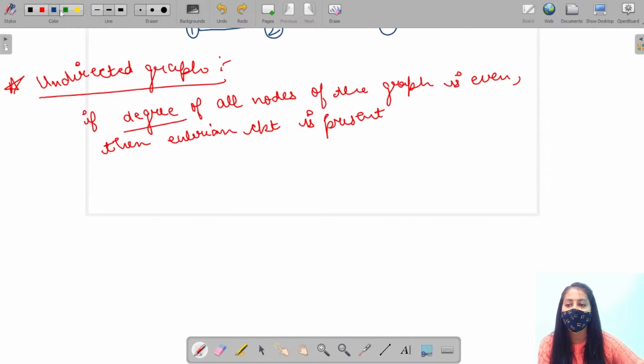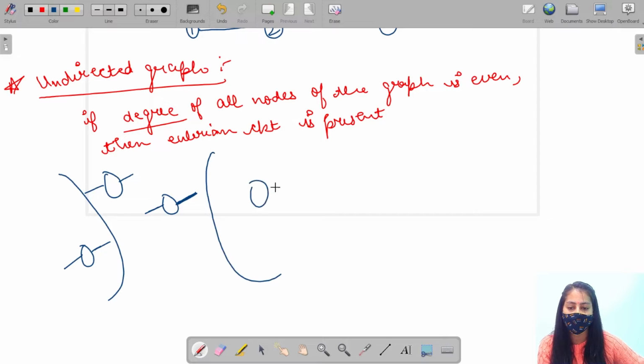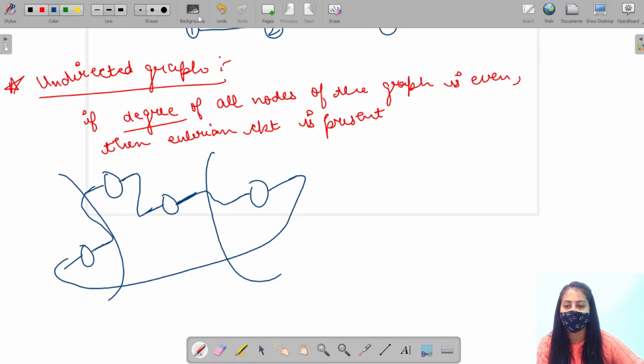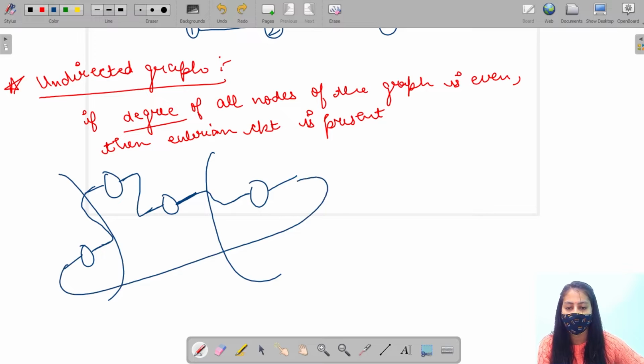Now why? Because when the degree of all the nodes is even, this means that at least one incoming and one outgoing edge is there like this. So there is a node like this, and this node must be connected to all the edges like this, right?